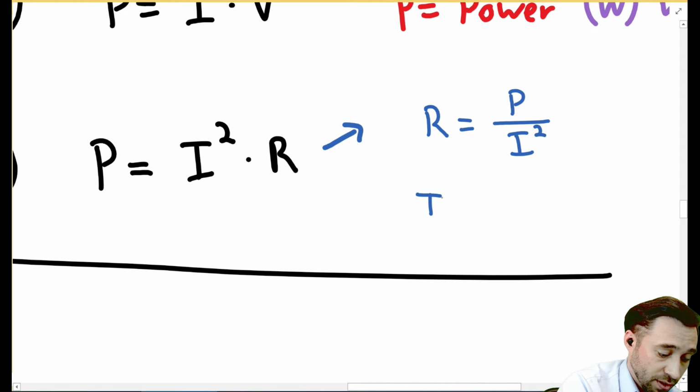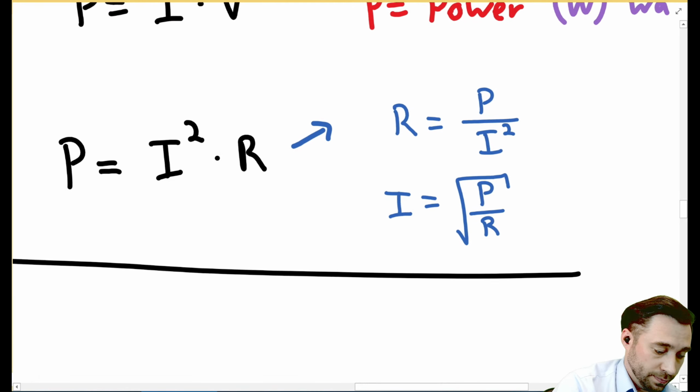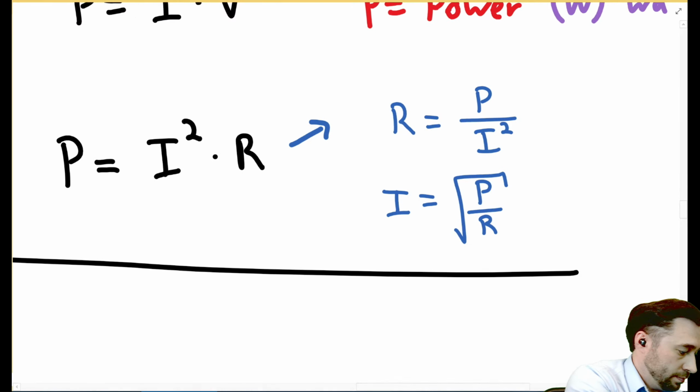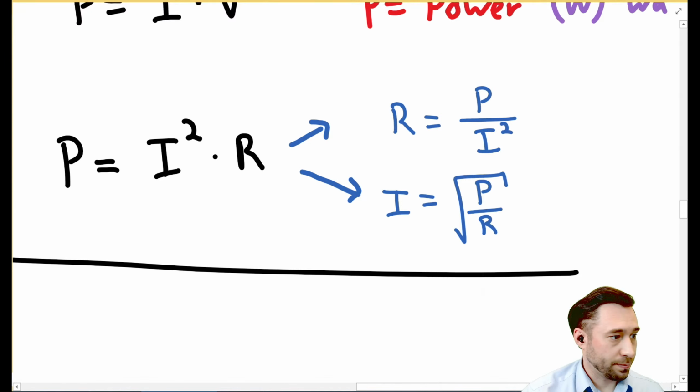And if I was trying to solve for current, this would be P over R, all under the square root.